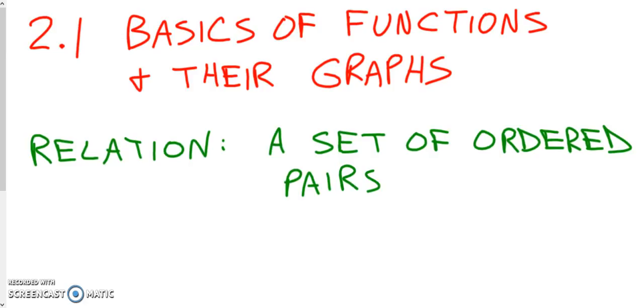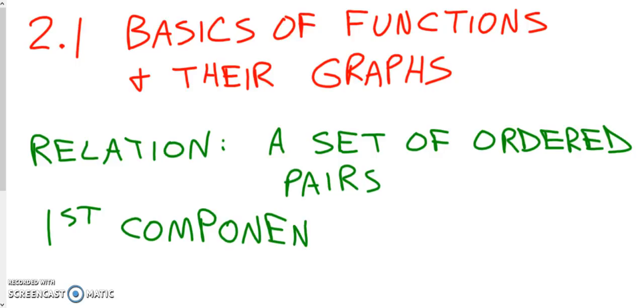In terms of a relation, the first components, if you take them as a set, make up what?